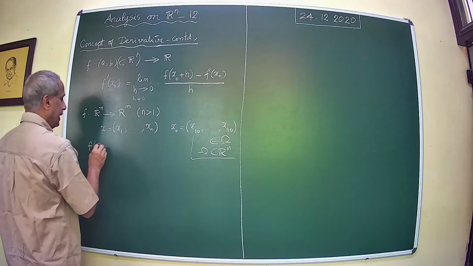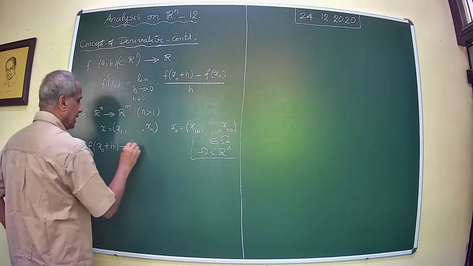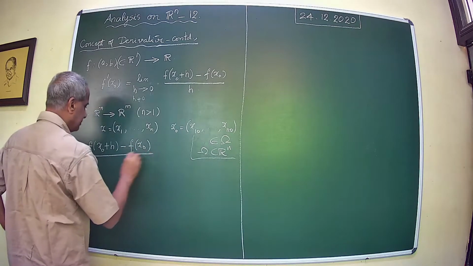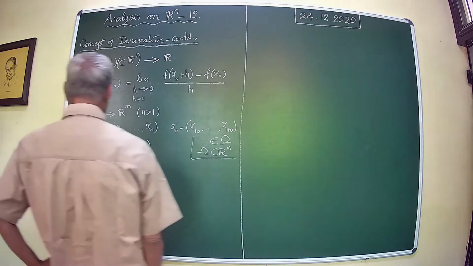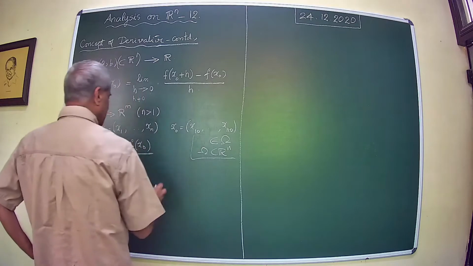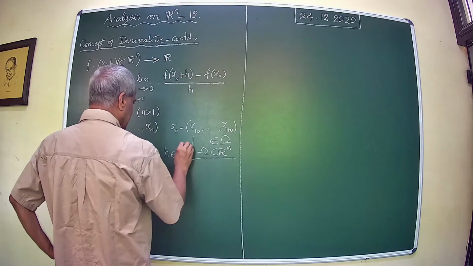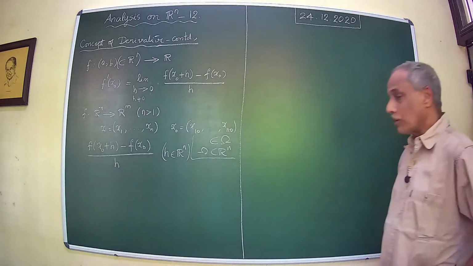You have f of x naught plus h minus f of x naught divided by h, where of course h belongs to Rn. Now there the problem starts.